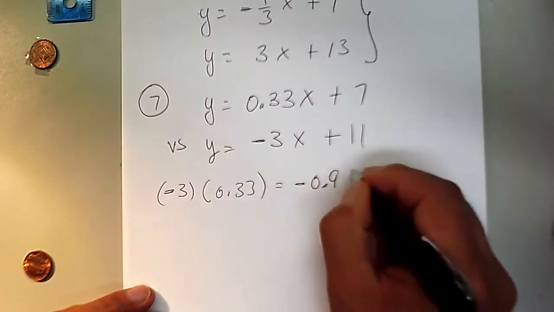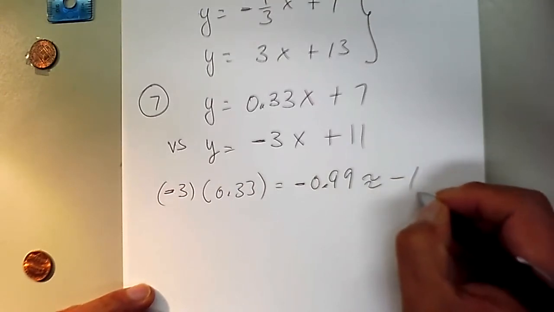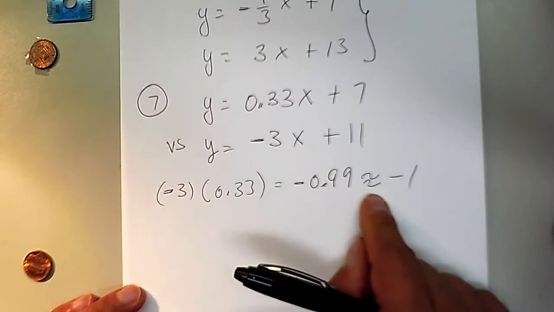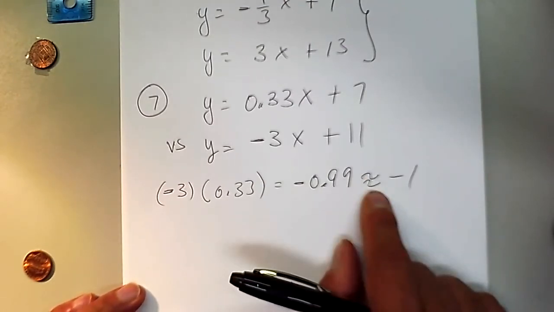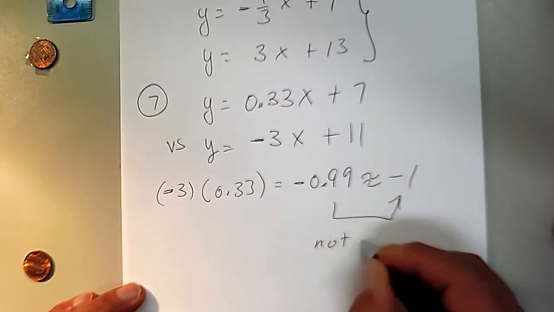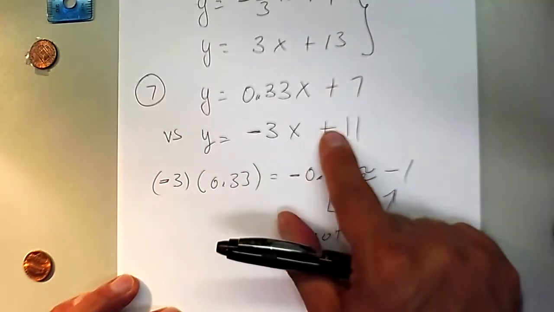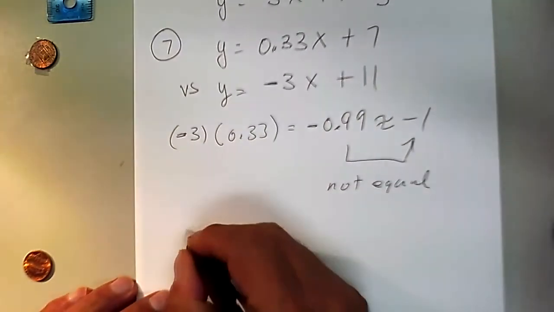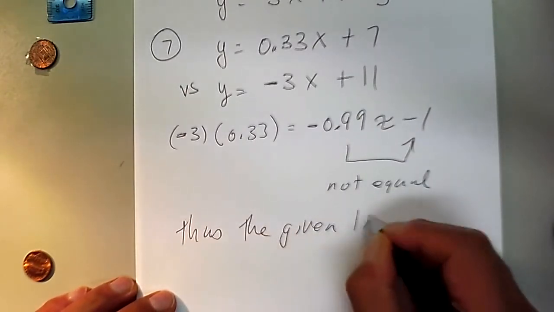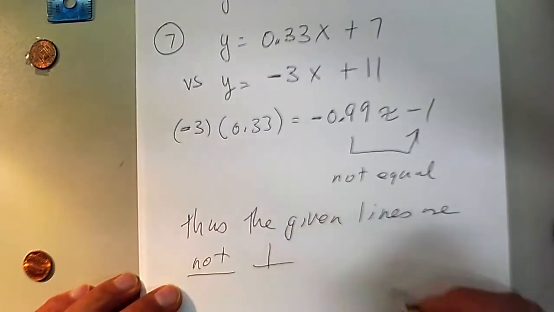It is -0.99. It is close to -1, but it's not equal to -1. And in mathematics, that is a huge, gigantic deal. They're not equal. So consequently, the given lines are not perpendicular.